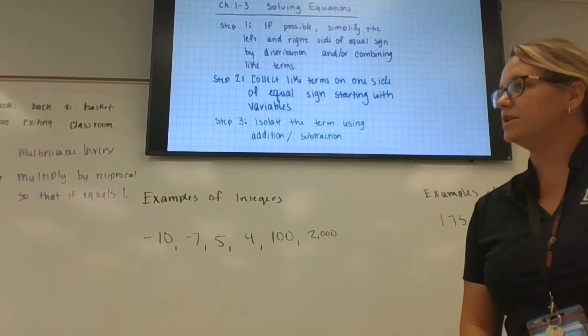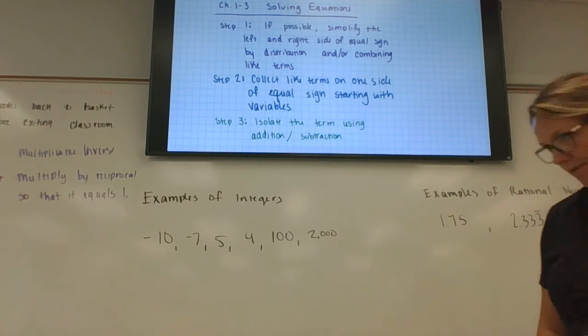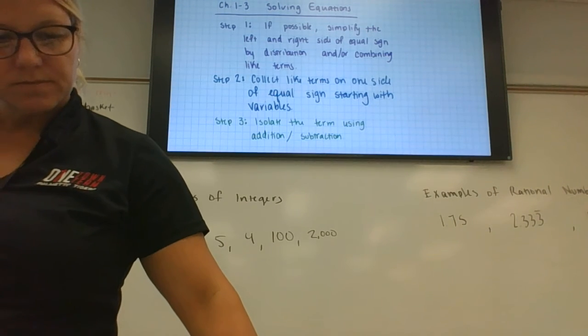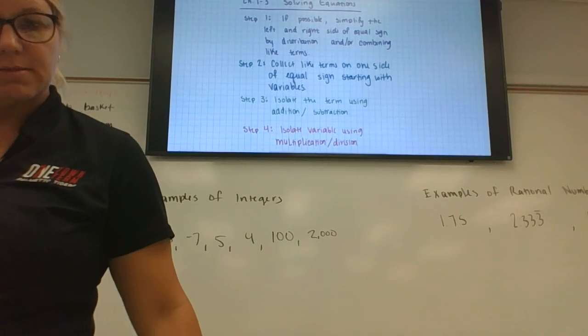You're going to continue to try to isolate your unknown variable using addition or subtraction, and then isolate using multiplication or division.